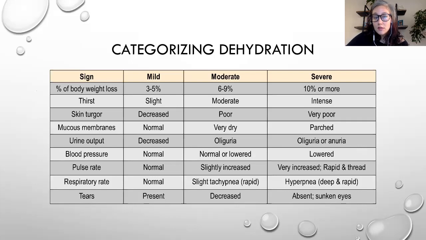The percent of body weight loss is important, and we'll get a little bit more of that here in a few minutes. But definitely look over this. Again, this might be a helpful thing for you to print out and bring with clinical. I know at least I had one of those fancy clipboards that you could open up and stick all the papers inside that you needed for review. I don't know if anybody still carries those, but that did help me a lot when I was doing clinicals.